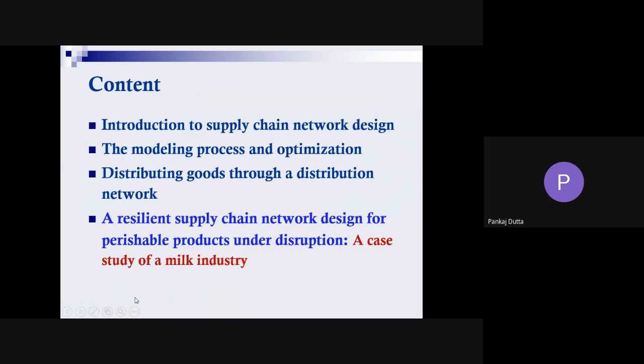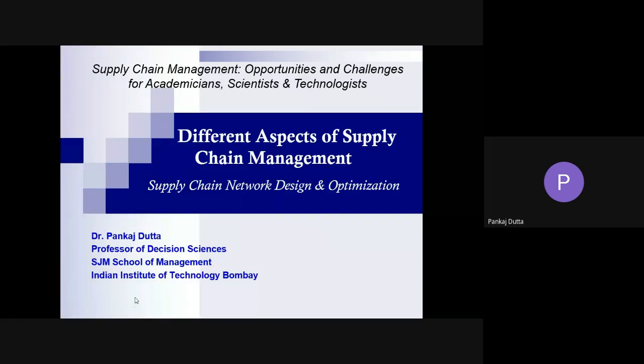Today, since this is a 1 hour session only, and there are several other faculty who will be covering different aspects of supply chain, maybe introduction of supply chain analytics, technological aspects, and the nitty-gritty of modeling, what I will cover today, since it is not a research talk but more of a mix of a faculty development program as well as research scholars attending for their research purpose, is an introduction, or say mapping, between two aspects.